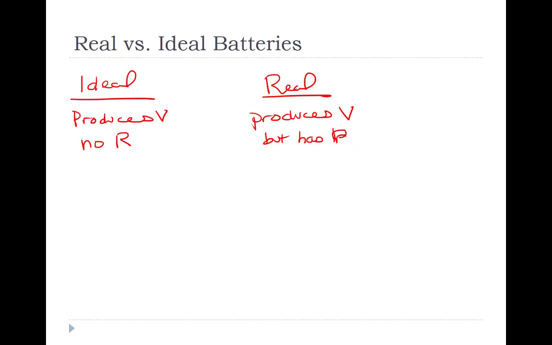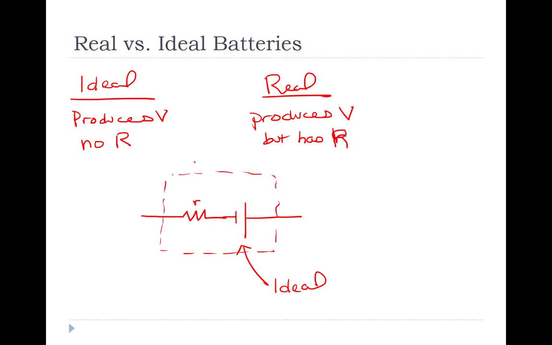Let me make that a capital R because I made it a capital R on the other side. One way that real batteries are modeled is as a small resistance, the internal resistance of the battery, combined with an ideal battery. So this symbol here would be an ideal battery, and this combination would be a real battery.